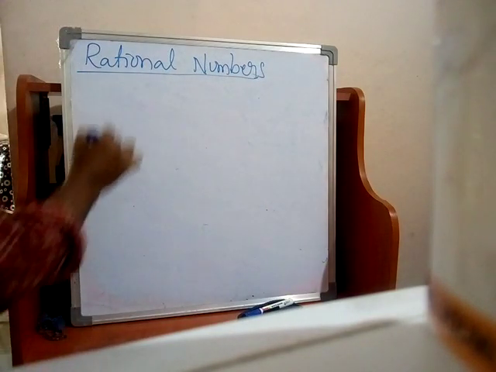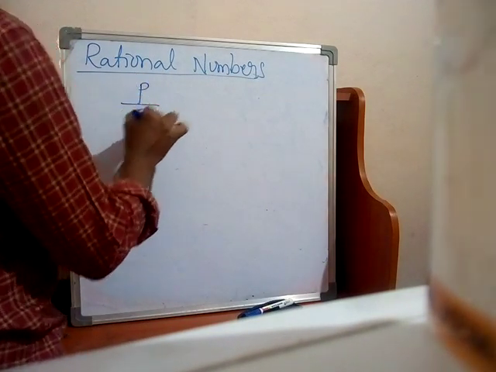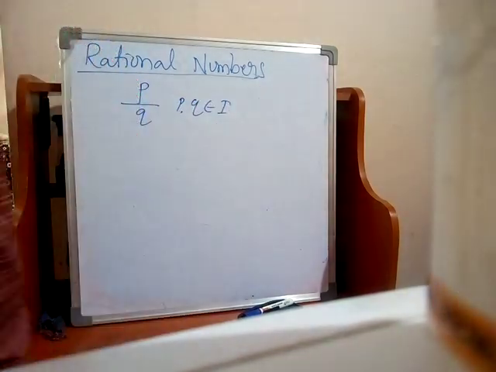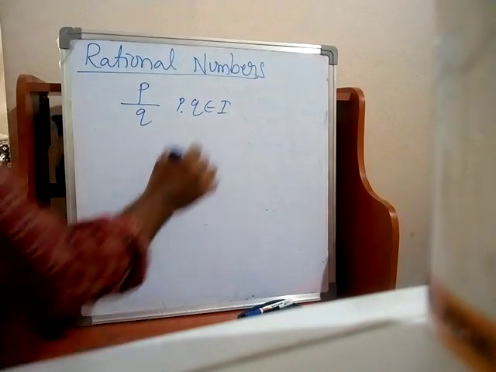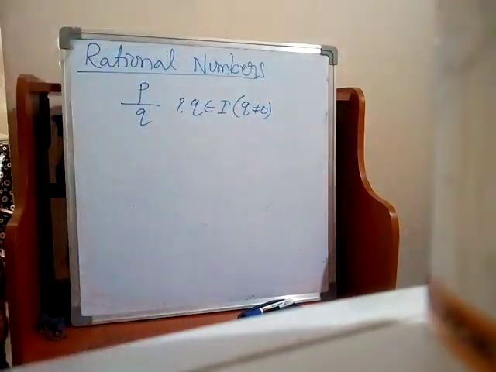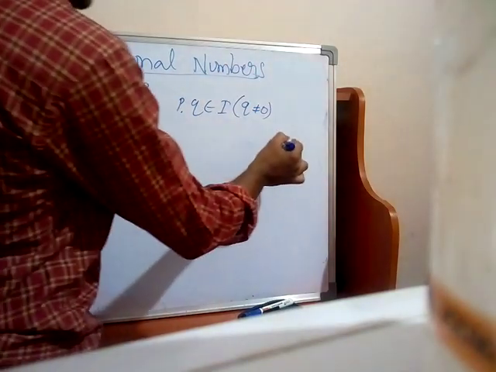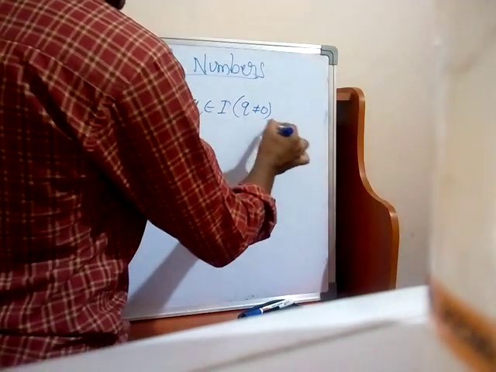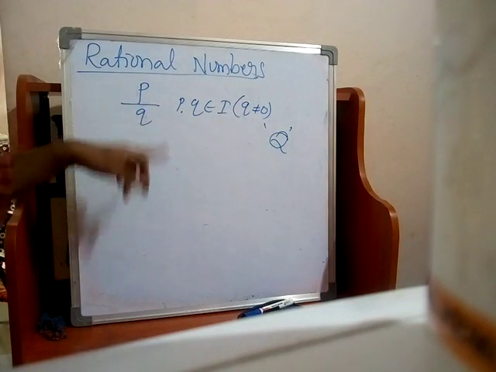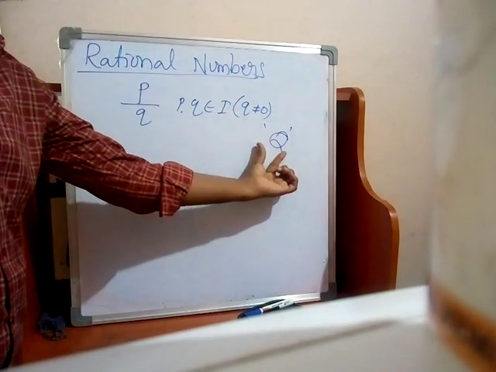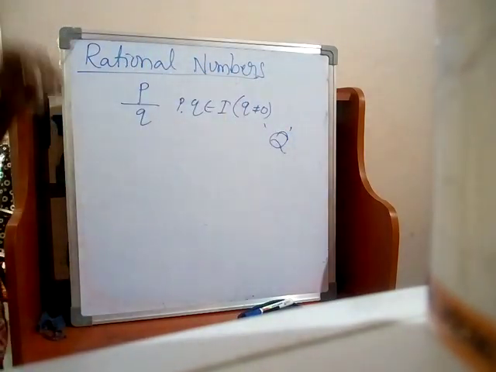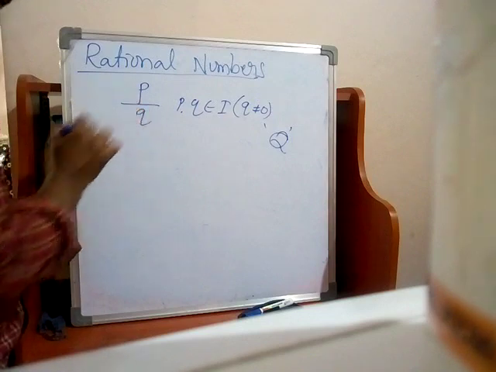The numbers which are in the form of p by q, where p, q are integers and q is not equal to 0, are called rational numbers. It is denoted by Q. Q means quotient: if one number is divided by another number, we get the result, the quotient. So that's why it is denoted by Q.